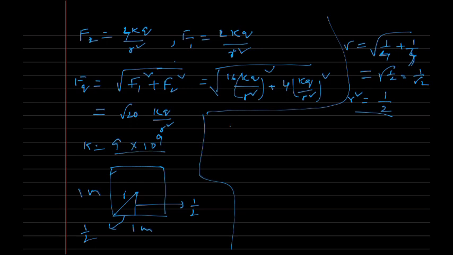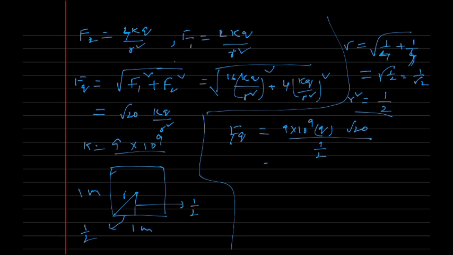Now what I'm getting, F Q, the force on Q, is equal to K, which is 9 into 10 to the 9, Q into root 2 divided by 1 by 2.